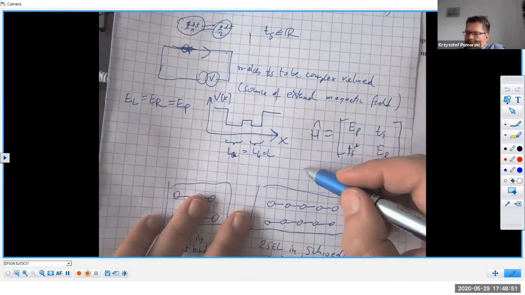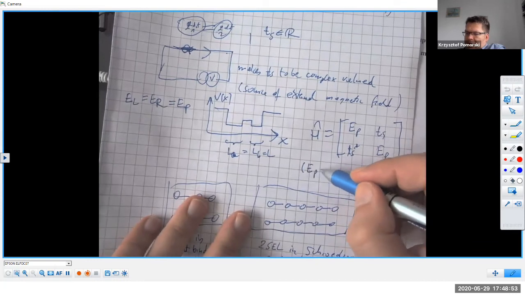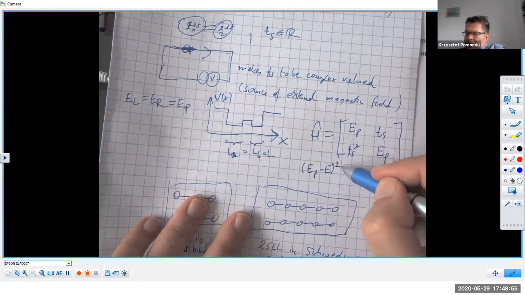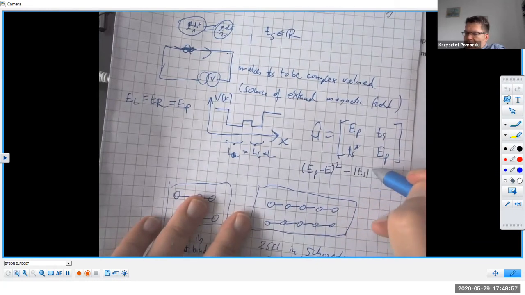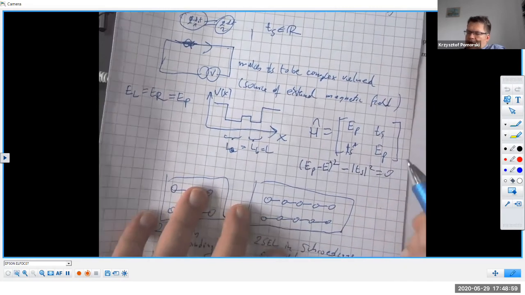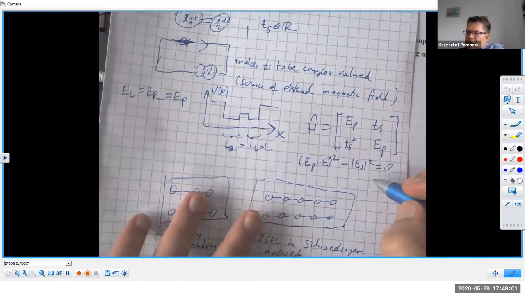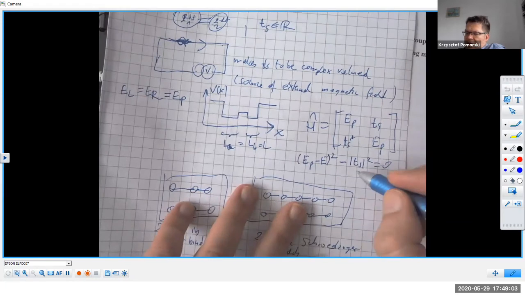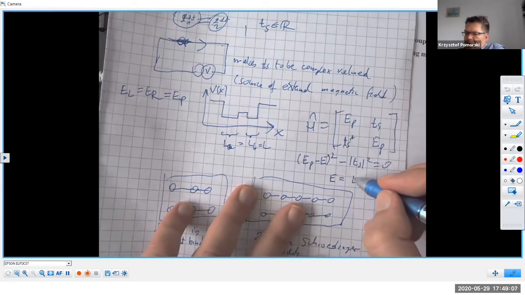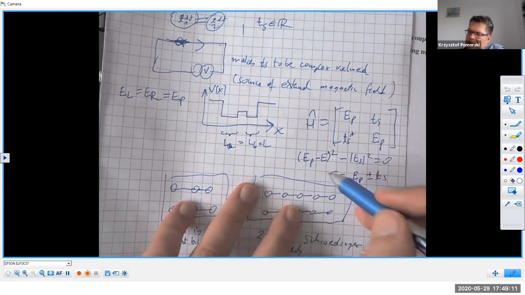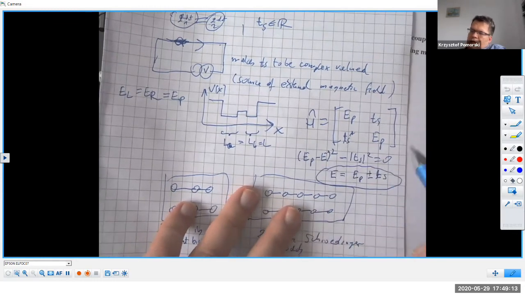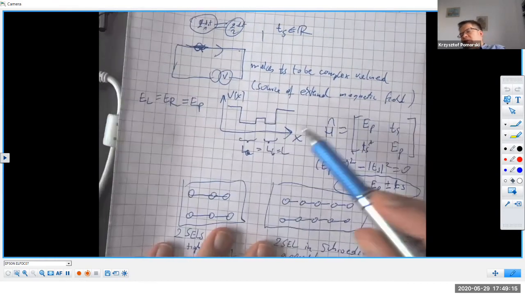It's very simple: the determinant (AP minus E) squared minus TS squared set to 0. And then it simply turns out that your eigenenergies are AP plus minus TS. Two eigenenergies. It's quite essential.